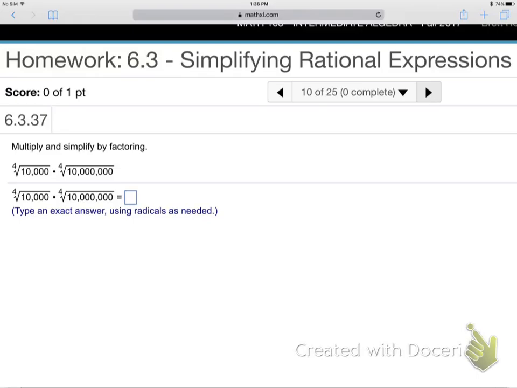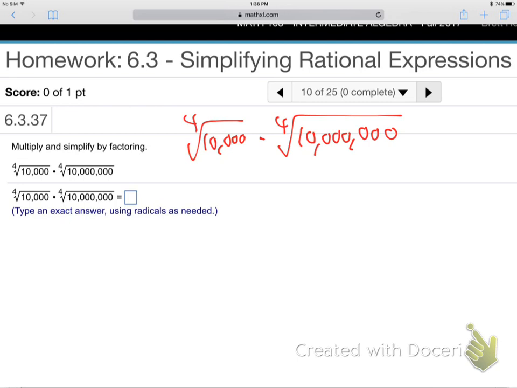All right, so we have the 4th root of 10,000 times the 4th root of 10 million. What is that number right here? 10 million, yeah. So what does that mean?